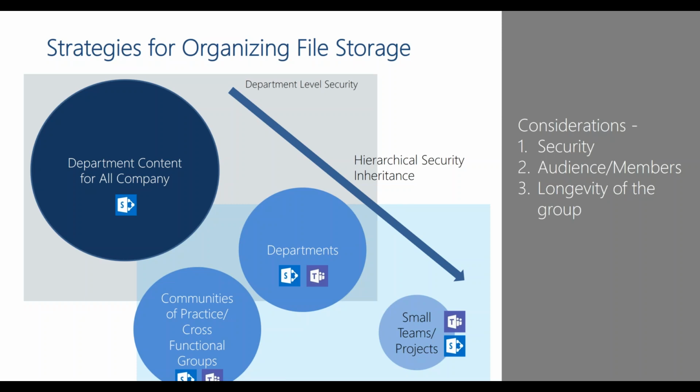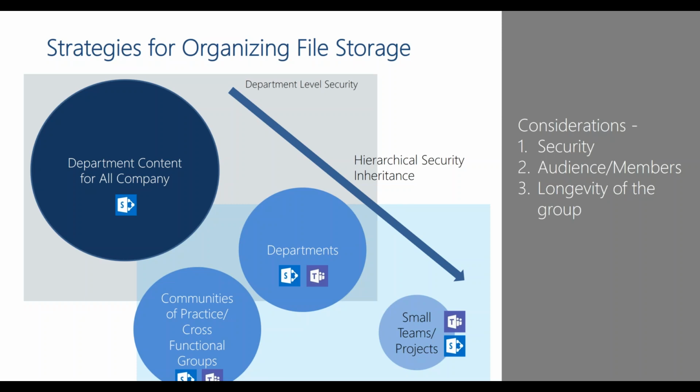So I always like to say, when you're looking to create your IA, and especially from a file storage perspective, there is some intelligence to following that security structure initially.